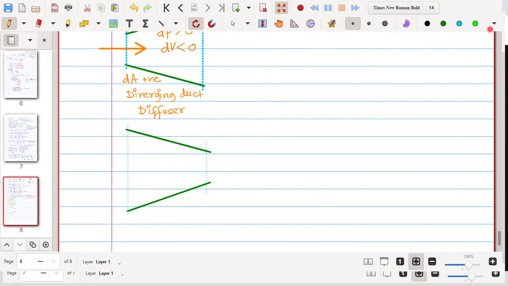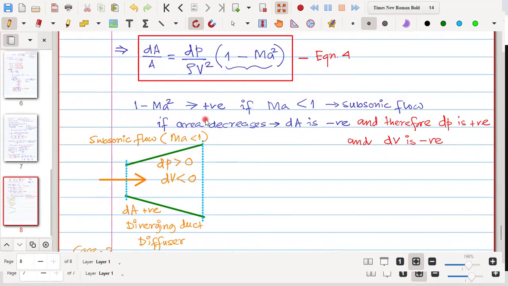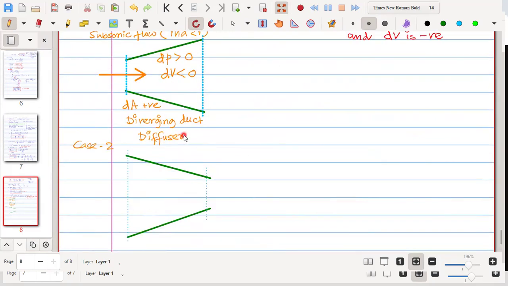Case 2. This is case 1. Case 2. What is that? Subsonic flow.